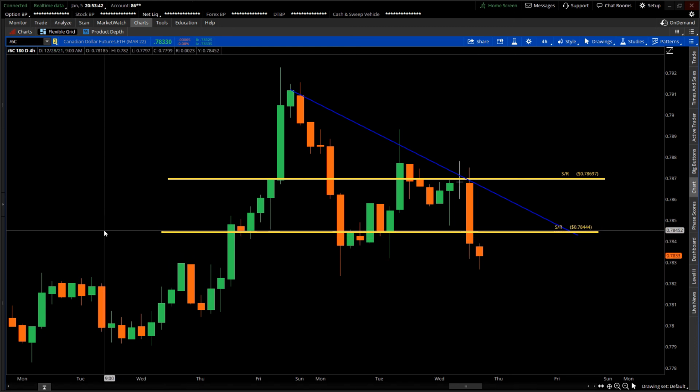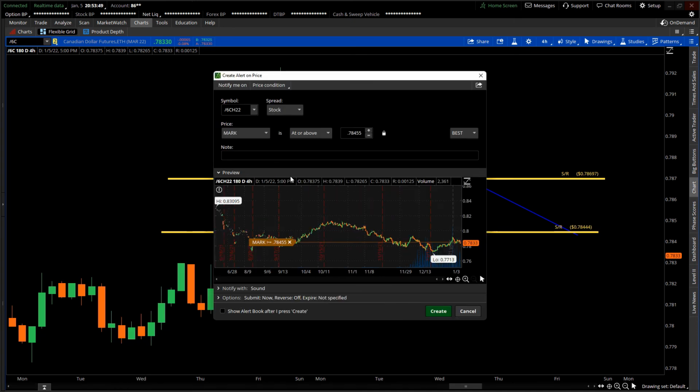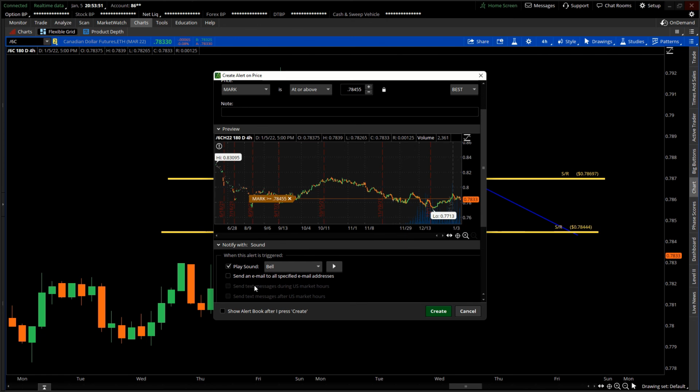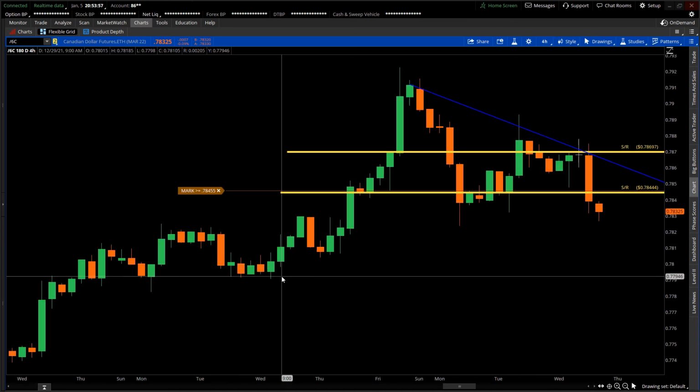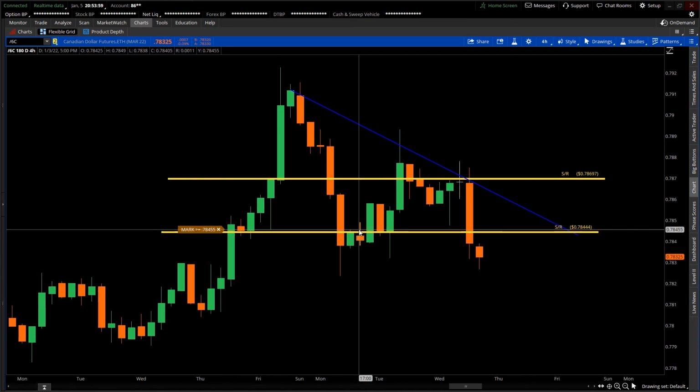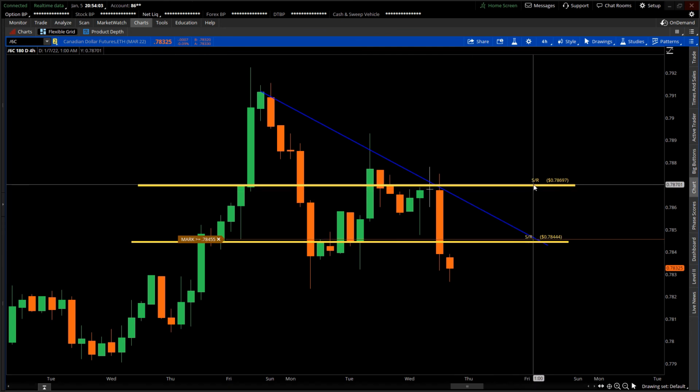So what I'll do is I'll create an alarm just to let me know that price is now above it. So here's my alarm right here. So there's my alarm. Now, in the event that price does work this way, right?